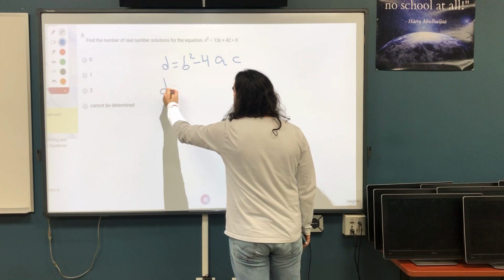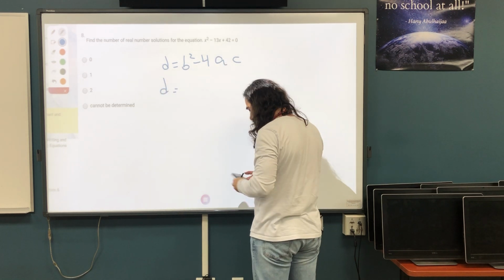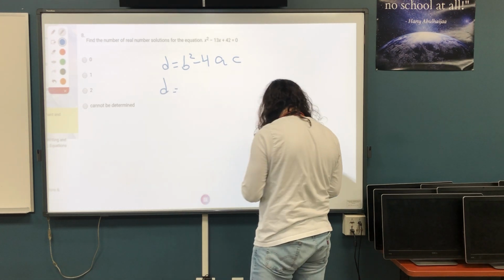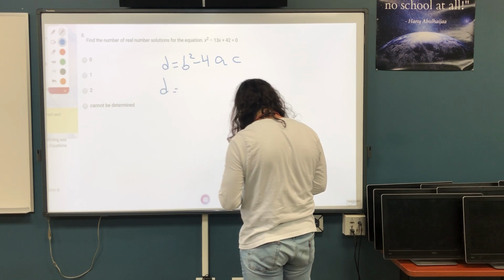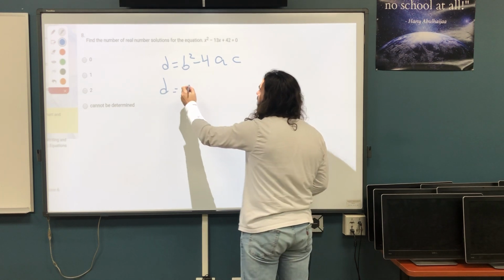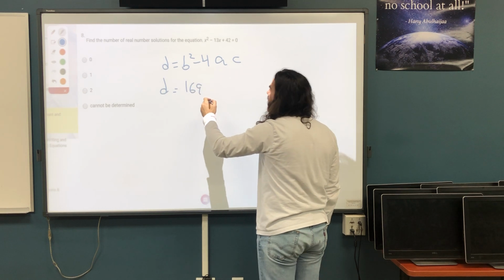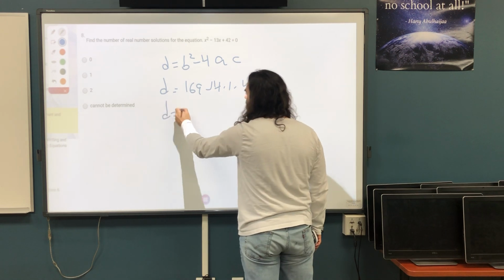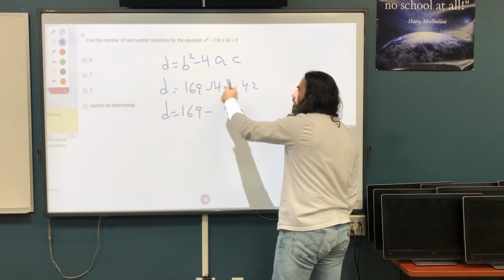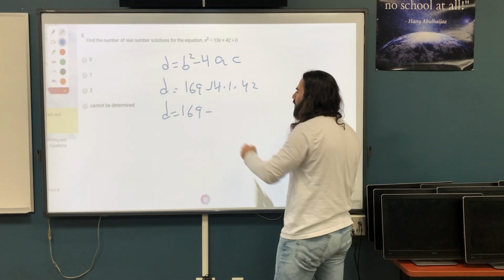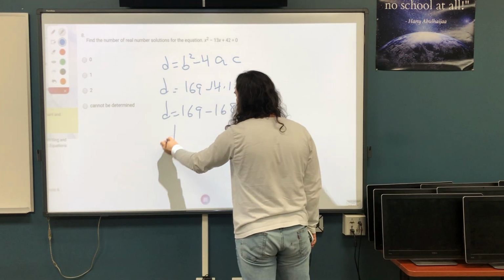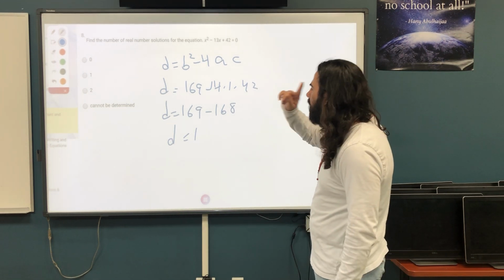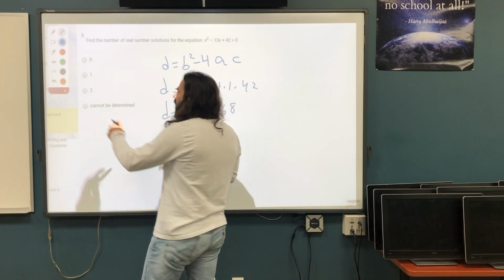So the discriminant, B is negative 13, so it's going to be 169 minus 4 times A times C. So the discriminant equals 169 minus 4 times 42, which is 168. And D equals 1. So the 1 is bigger than 0, which means we have 2 solutions. So the answer is 2.